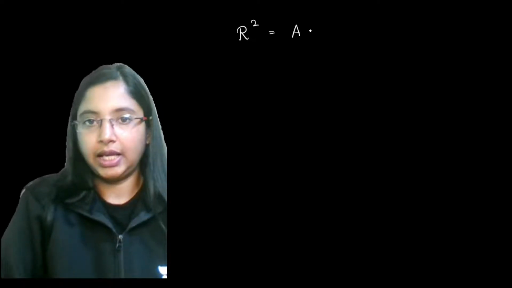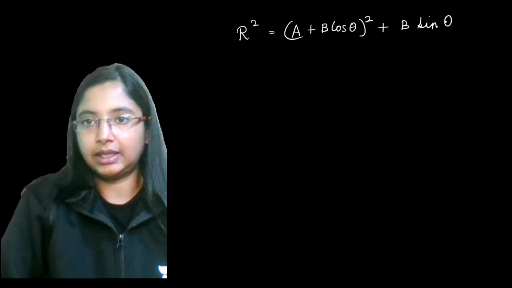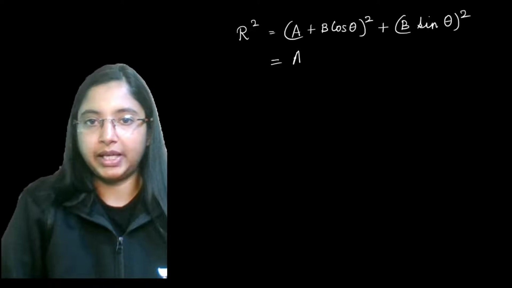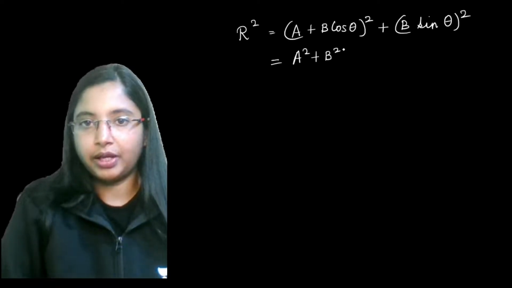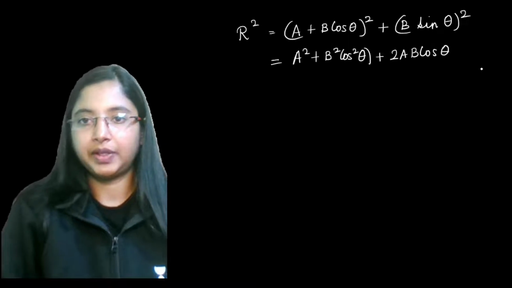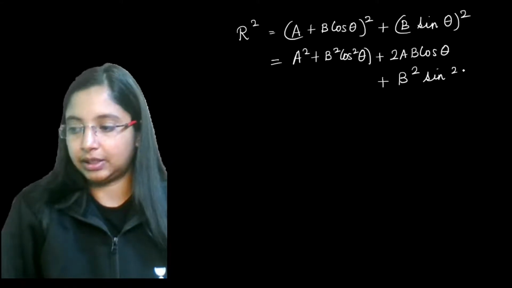Alright, so we just saw that R square was equal to A plus B cos theta the whole square, plus B sin theta the whole square, right? How do we have to split this? This will be A square plus B square cos square theta plus 2AB cos theta. Similarly, B sin theta whole square will be B square sin square theta.